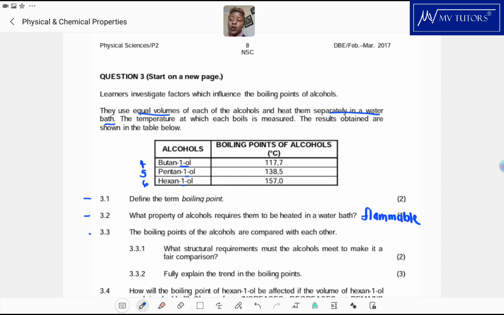Okay, so first of all, these alcohols are in a straight chain. Yeah, it's a straight chain due to them being primary alcohols.